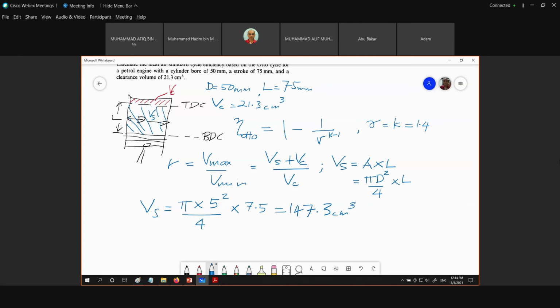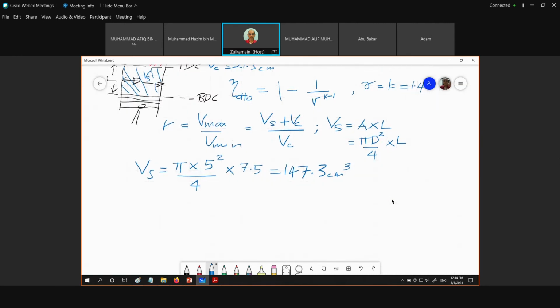So calculate the Otto cycle efficiency. Okay, the r value first.